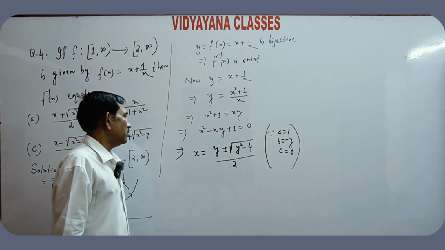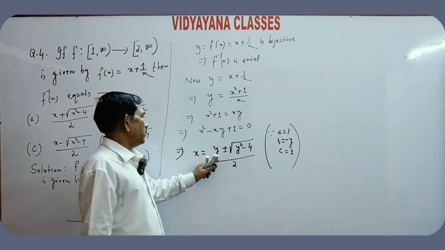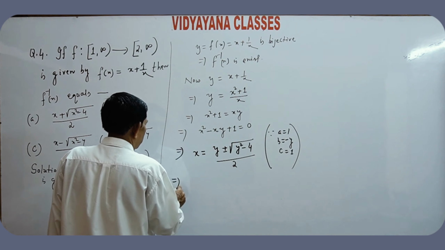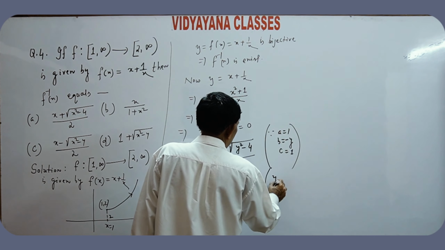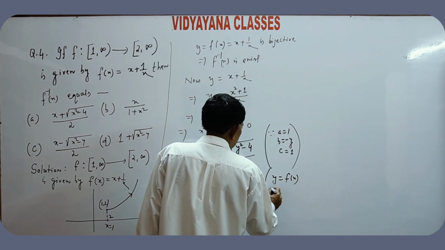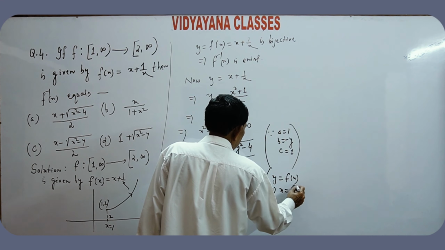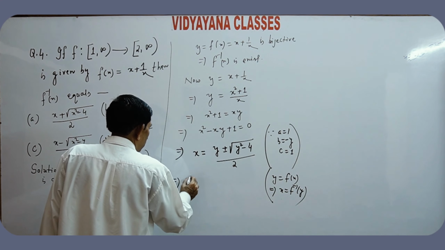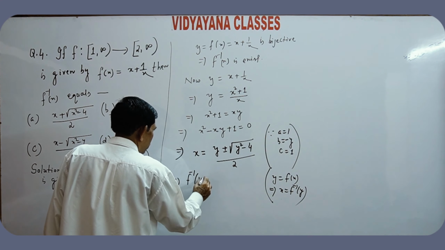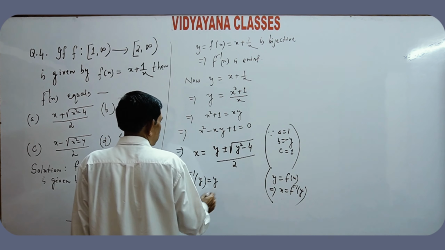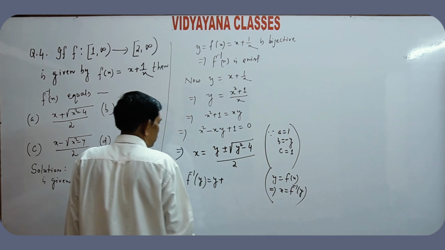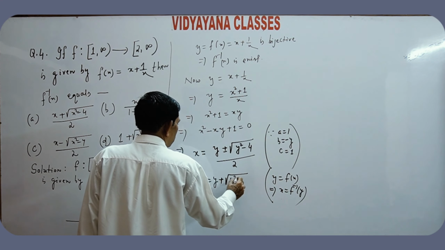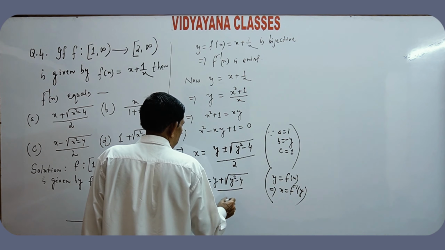So x is equal to y plus or minus root of y square minus 4, divided by 2. y is equal to f(x), x is equal to f inverse y. f inverse y is equal to y plus root of y square minus 4 divided by 2.